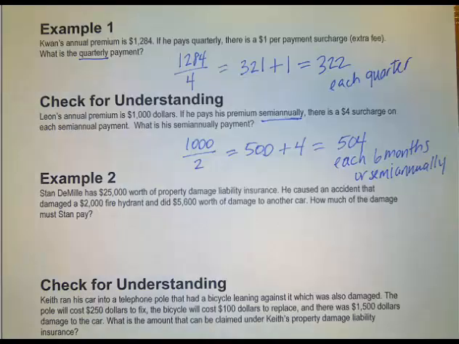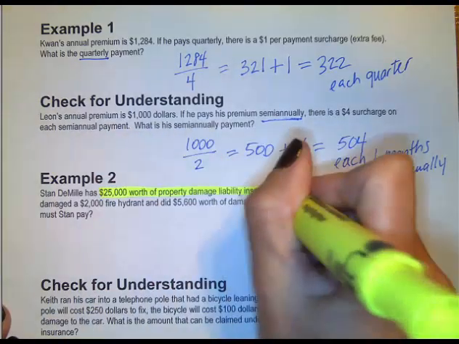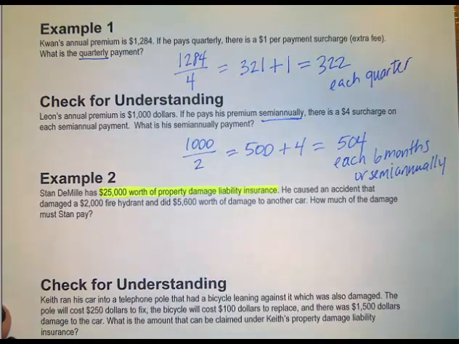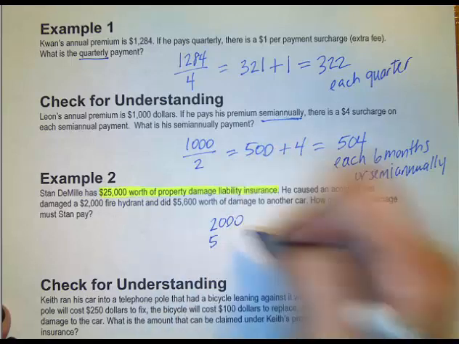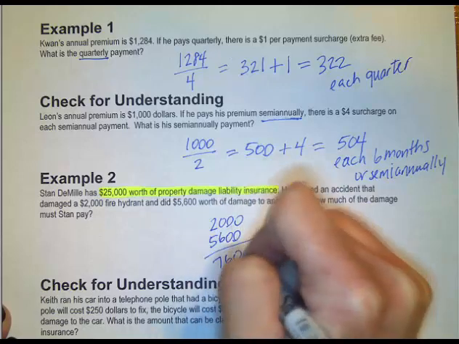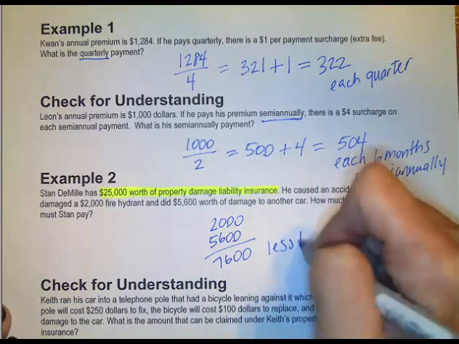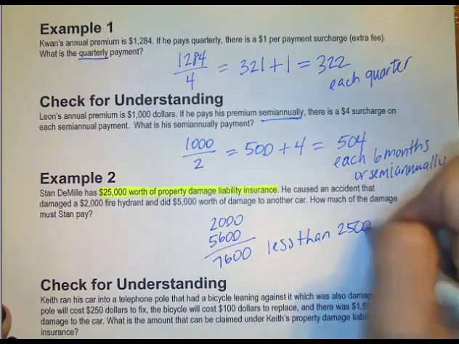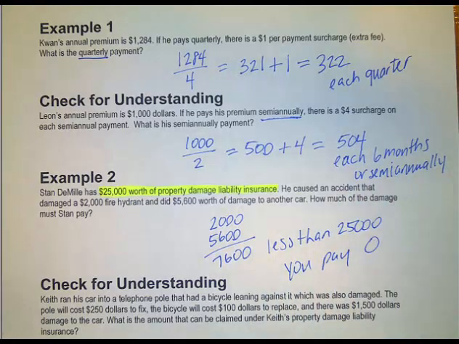But because you bought $25,000 worth of this, that means you're covered for up to $25,000. So since your fire hydrant was $2,000 and your other car was $5,600, that's only $7,600. So since that's less than $25,000, you pay 0. Okay? If it was more, then you would have to pay the difference. All right? All right, next.